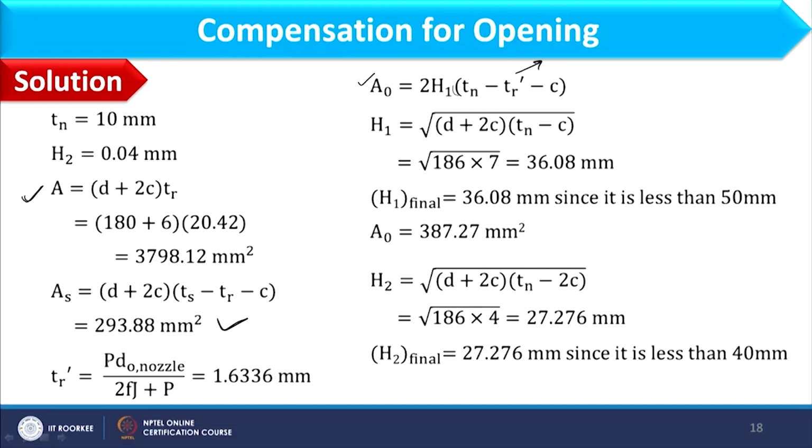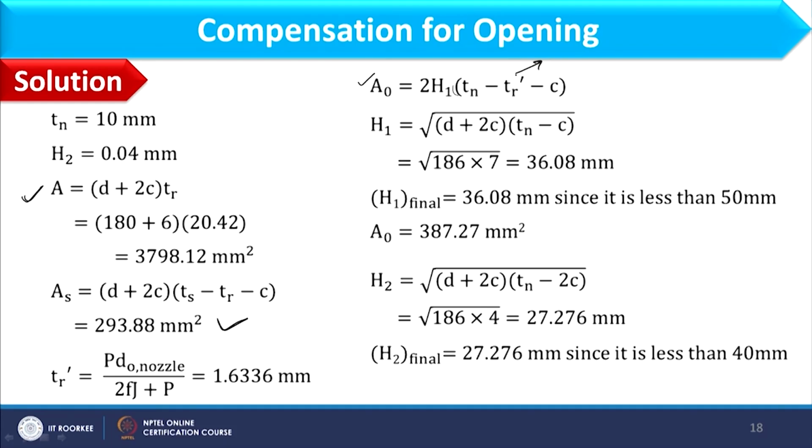This P is the design pressure, because the nozzle will have the same design pressure as that used for the shell. So, DO nozzle, that will be 200 mm, divided by 2 Fj plus P. Values we will put over here, and then 1.6336 mm will be the minimum thickness of the nozzle.